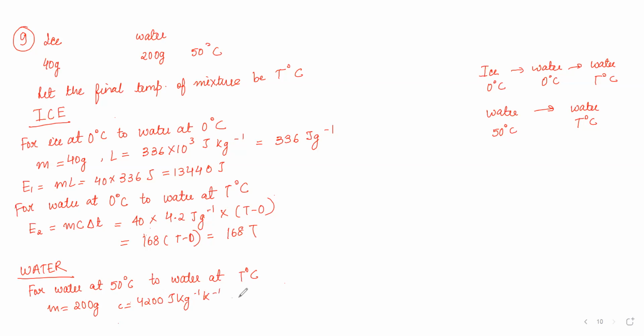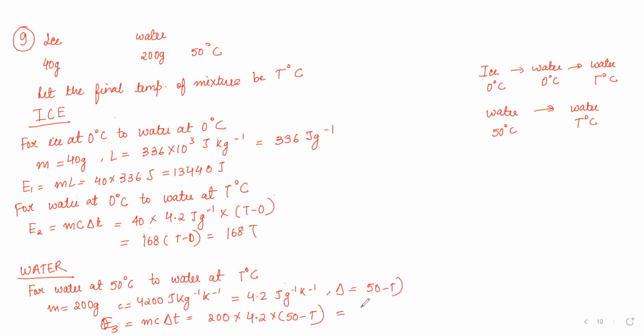So this can be written as 4.2 joule per gram per Kelvin. And delta T is equal to 50 minus T. So Q here, or energy, you can be writing as E3 will be equal to MC delta T. So this will be equal to 200 into 4.2 into 50 minus T.